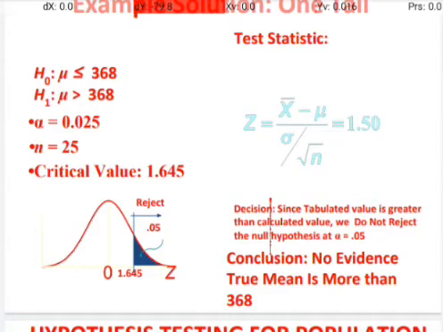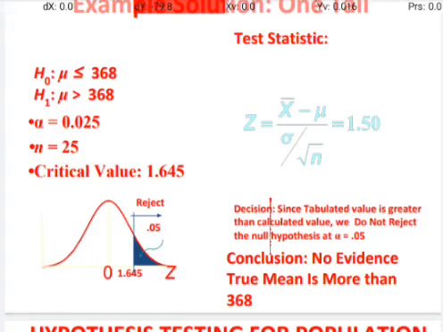So how did they get 1.50? Don't forget I said earlier that your bar x is your mean, which is the one given in the question as 372.5. Anything that has mean or average is always your bar x, 372.5.